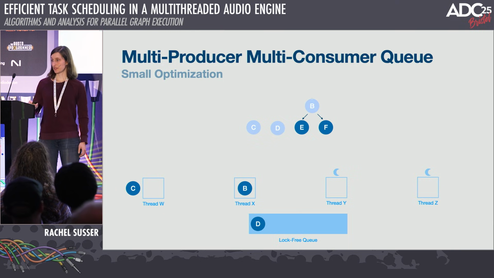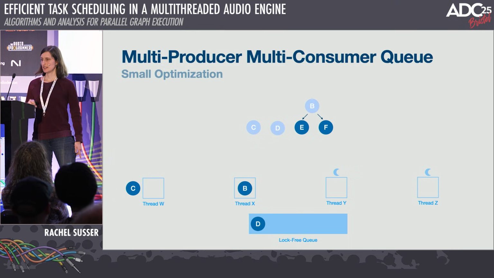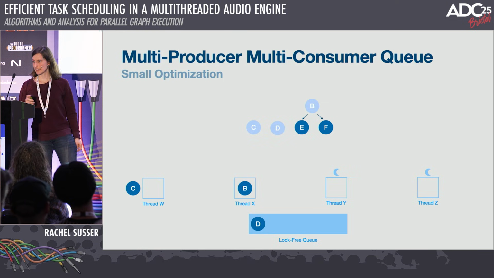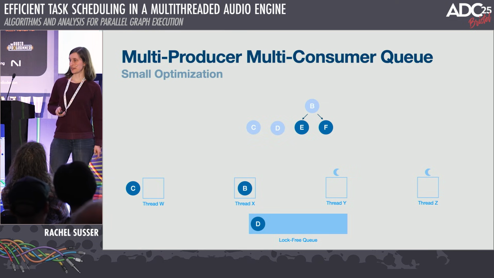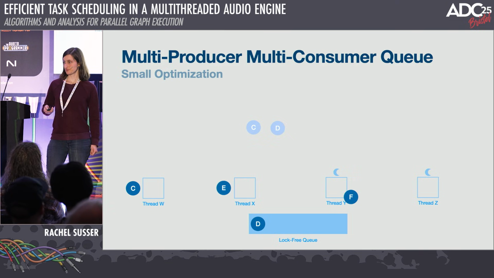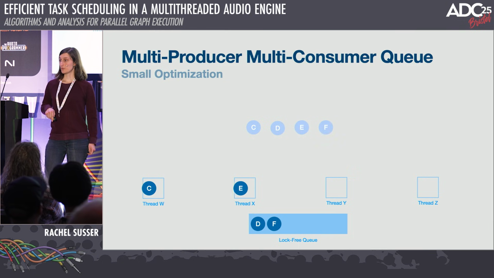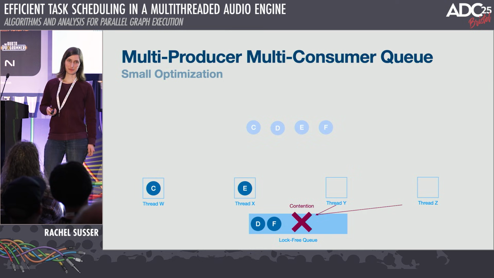But then if thread Y, oh sorry, that was W, I called it X. So if thread Y, now we're on thread X. If thread X finishes task B, and it reserves E and pushes F, then once threads Y and Z wake up, we end up with the same situation we had before.